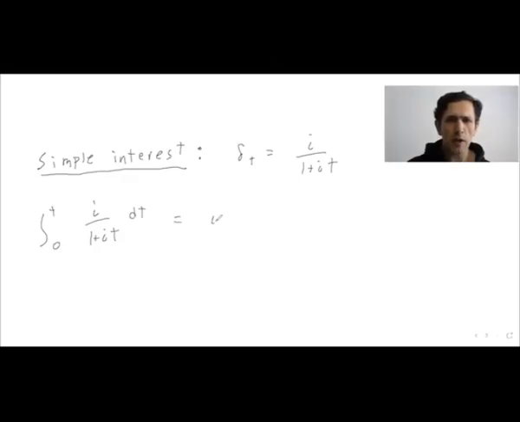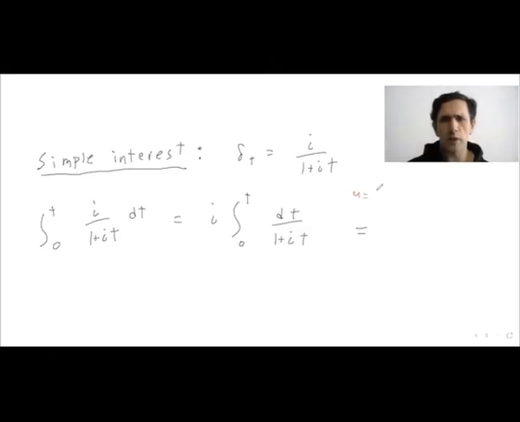So I'm going to first pull out my constant. i is the constant interest rate. So it's just dt over 1 plus it. So it should be obvious what to do, certainly if you're an actuary major.